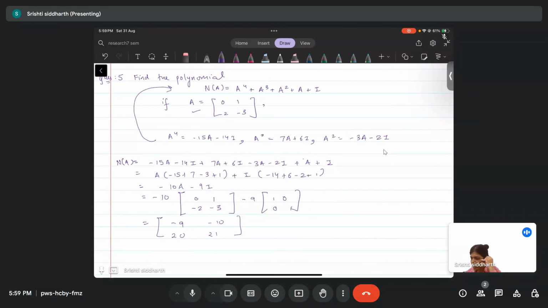So you can see how easy it was to compute these higher order polynomials that we would have otherwise calculated by multiplying A n times, right? Alright, so this is clear. Let's move on to the next one.